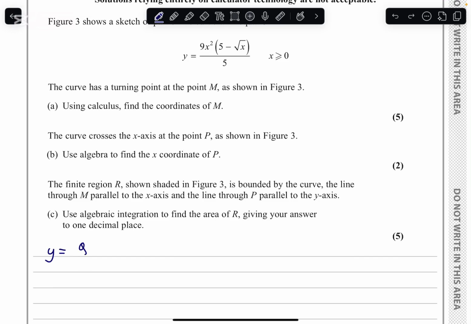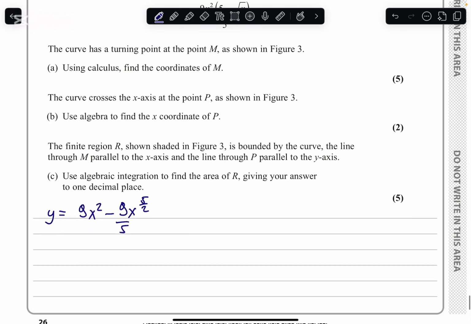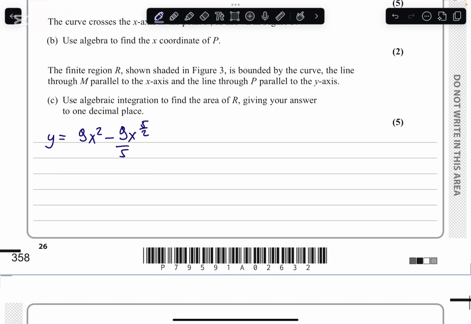So that'll be 9x squared minus 9x to the power of 5 over 2, divided by 5. Differentiating that, we'll get 18x.